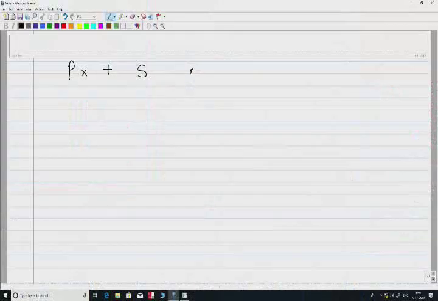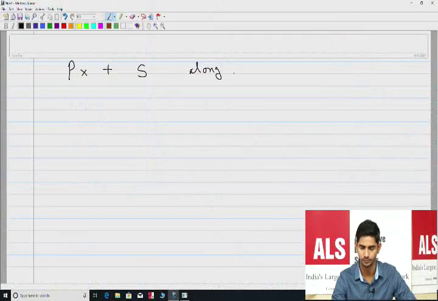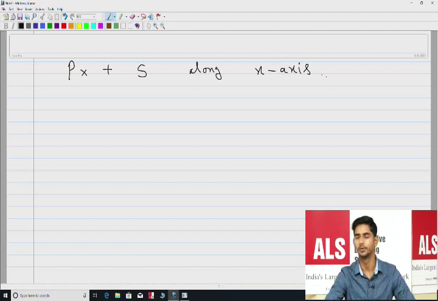Okay, I'm giving you a question. You have to tell me whether the given overlap would be positive, negative, or the zero overlap. Px plus S along x-axis. Okay, that's cool.